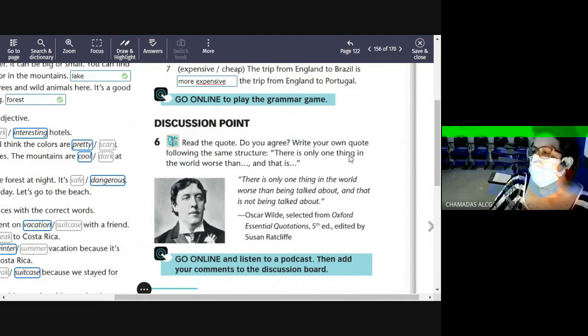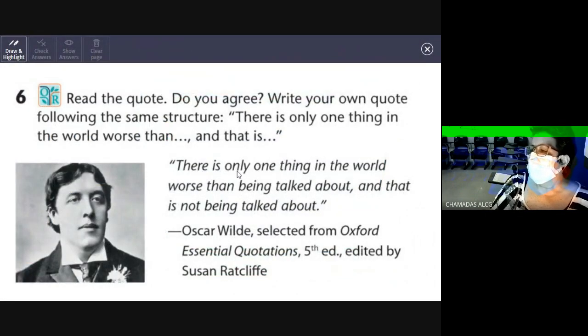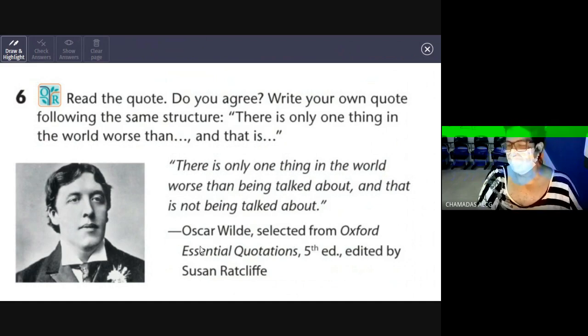There is only one thing in the world worse than, and that is. Example. Let's focus here. There is only one thing in the world worse than being talked about, and that is not being talked about. That was by Oscar Wilde.